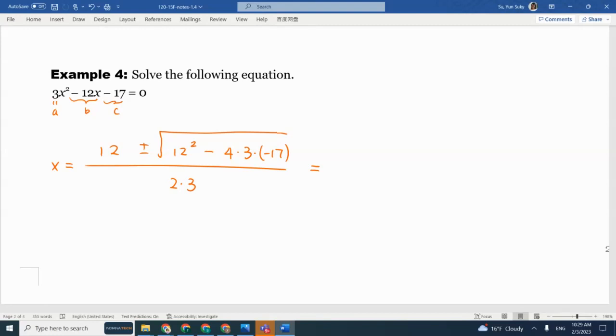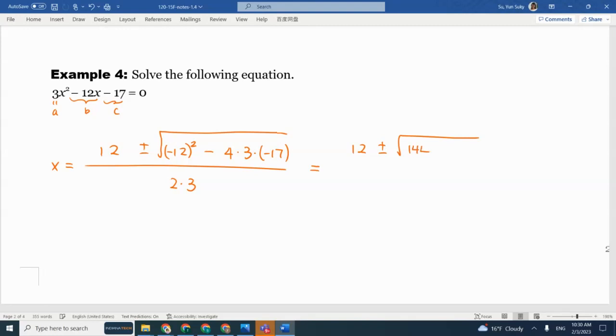Right, everybody? Negative b plus or minus square root of b squared. B is negative 12. By the way, okay, let me do it slowly. It's negative 12, but when you square it, what happens to the negative sign? It goes away, right? Negative 1 squared is positive 1. So therefore, this is 12 plus or minus. Do you know what is 12 squared?